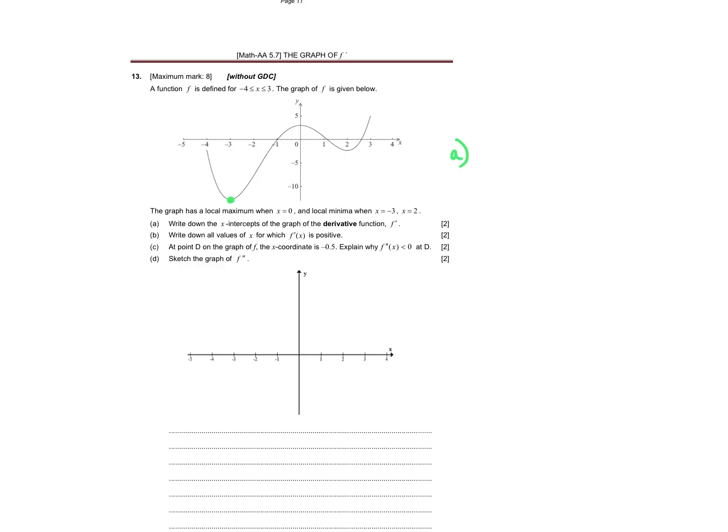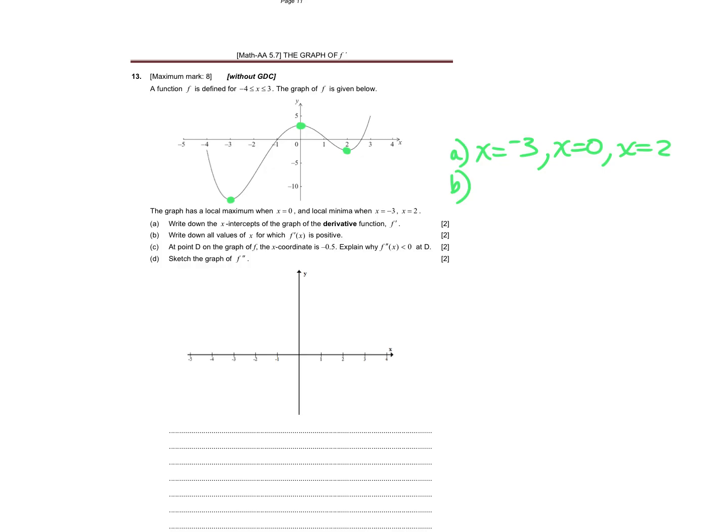So -3, oh, this is for the second derivative. Okay, so we're going to have x is -3, and then x is 0. That's the x-intercept on the first derivative, and we have x equals 2. So those are the x-intercepts on the derivative function.